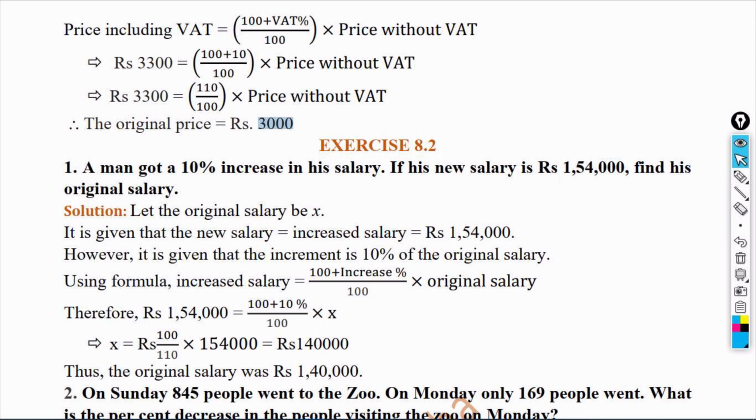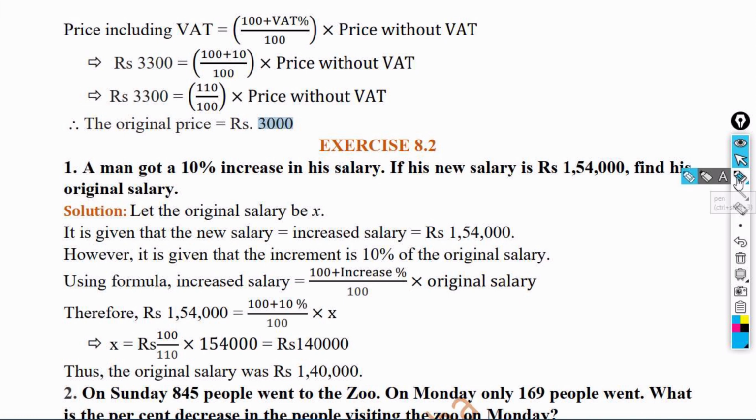Then just use the formula: 100 plus gain percent, instead of gain percent you have to write increase percent, by 100 into original salary. Here the original salary is X, as we have supposed. Now X equals rupees 100 by 110 into 1,54,000.